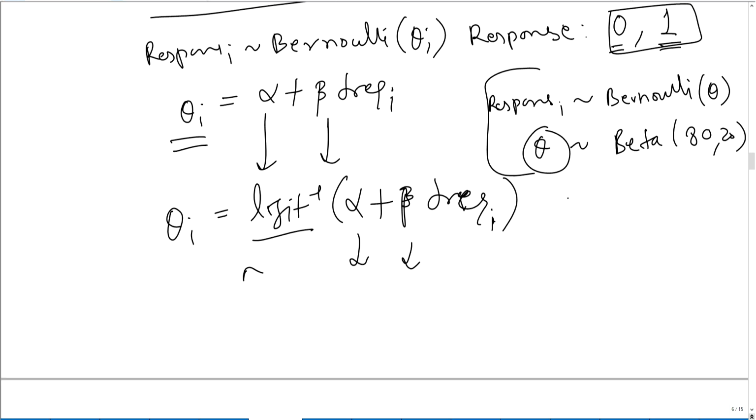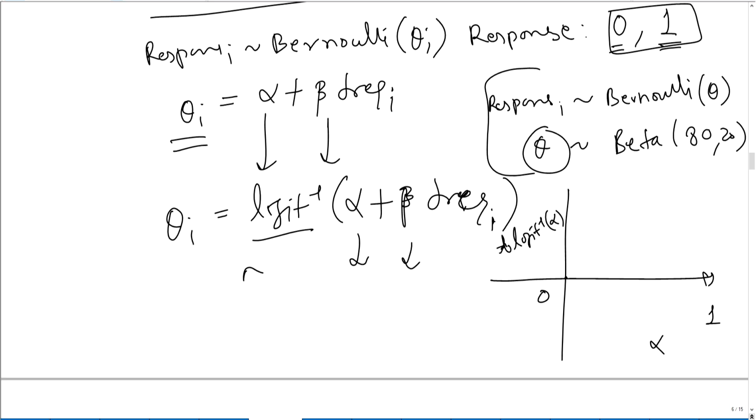So let me draw it here. If this is 0, this is 1, you have theta on the x-axis and logit theta on the y-axis, or the other way around. It's inverse logit of alpha here.